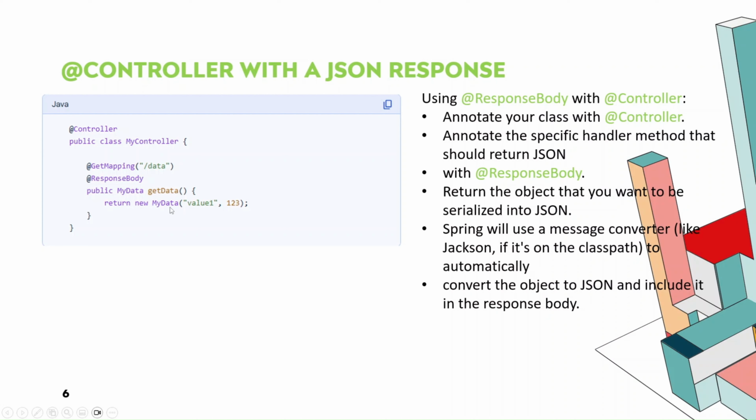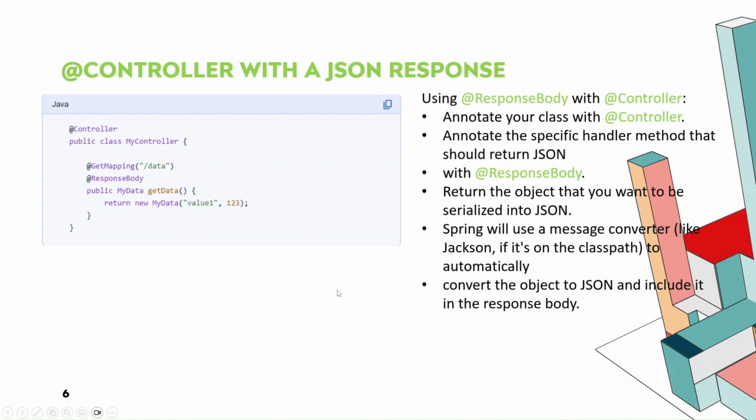My data is nothing but one more class having 2 attributes. So we are using a response body with a controller annotation. This is class level, this is method level, and we are returning an object which becomes JSON. Whenever Spring Boot starts, it will load this class and function. Whenever this method is called, it's going to return a JSON object.